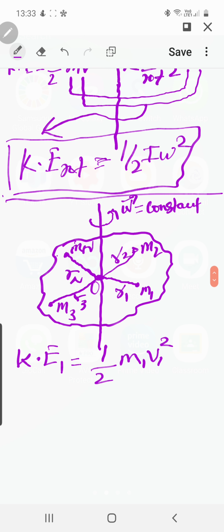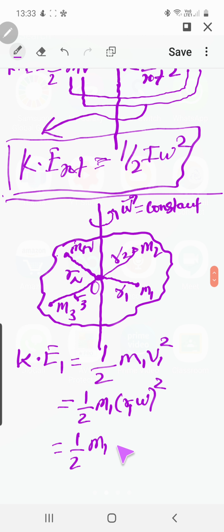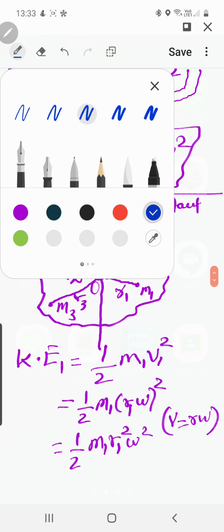This becomes half m1 (r1 omega) the whole square, that is half m1 r1 square omega square. Here we are considering that v is equal to r omega.